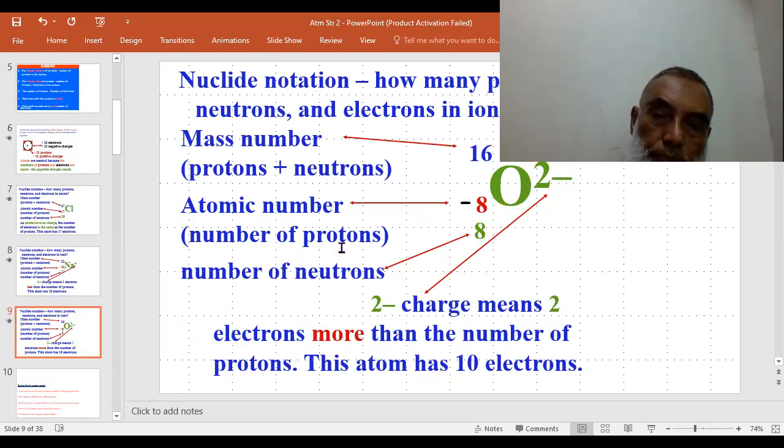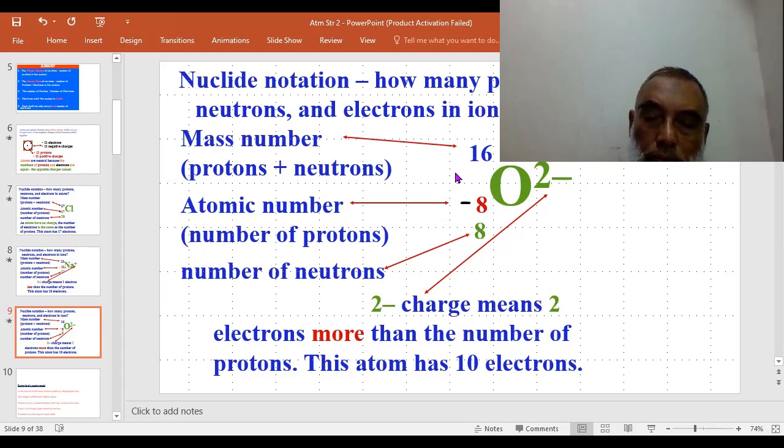Similarly, a nuclide is noted with its mass number, for example, oxygen. In case of oxygen, its atomic number is 8. So the number of protons is 8, and its number of neutrons in oxygen 16 is also 8.